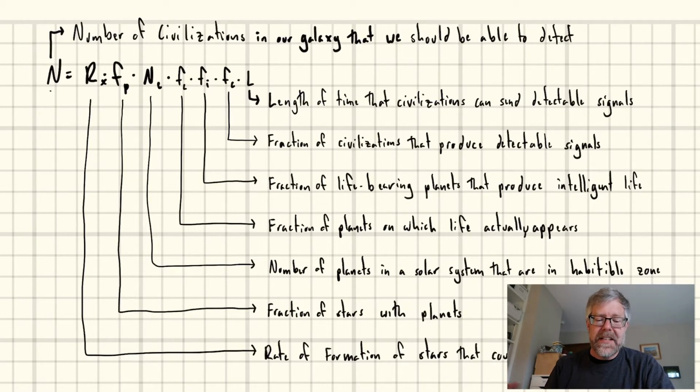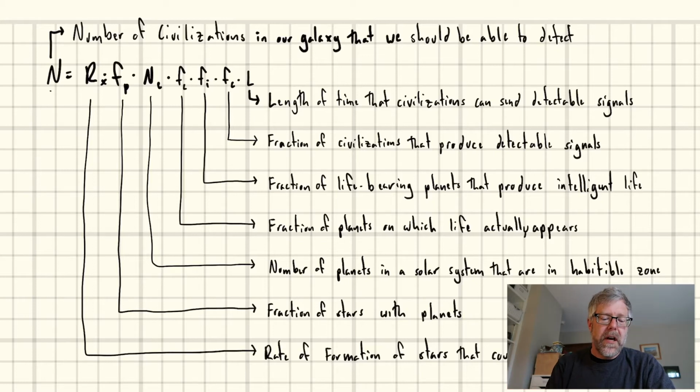That's what this is supposed to talk about. And this is a rate equation in some ways, so it's looking at the potential for civilizations that exist over some amount of time.